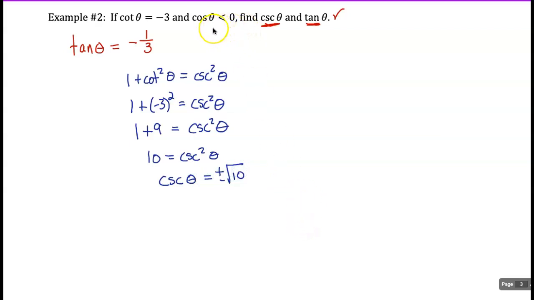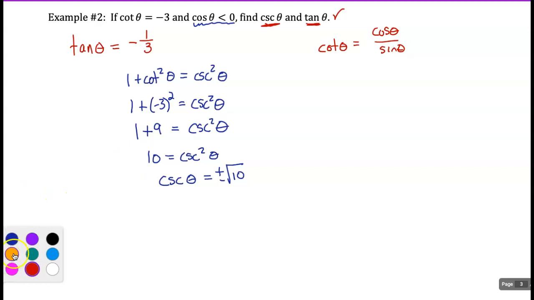If we go up here, we have a little more information to the puzzle, but unfortunately they're telling us cosine is negative, but that doesn't tell us anything about cosecant, so we have to figure it out. I see that my cotangent is negative, and I know that cotangent is cosine over sine.